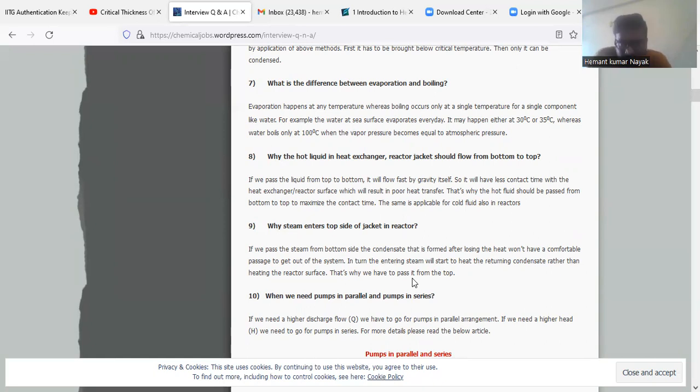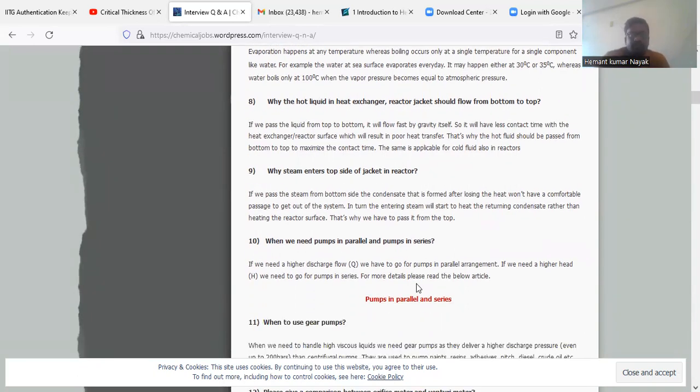So the hot fluid should be passed from bottom to top to maximize the contact. The same is applicable for cold feed also in reactors.